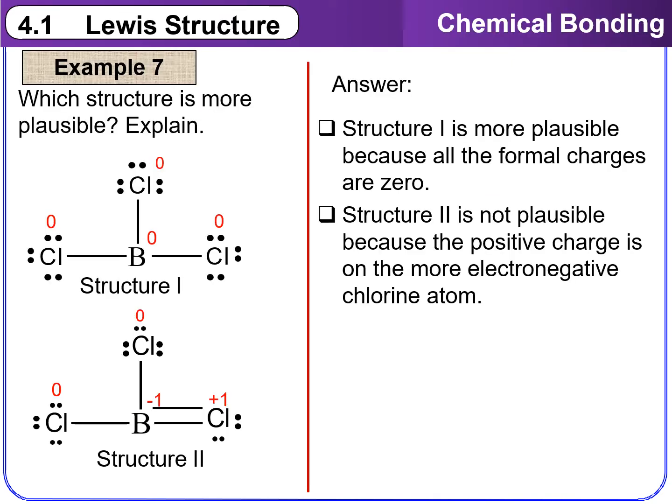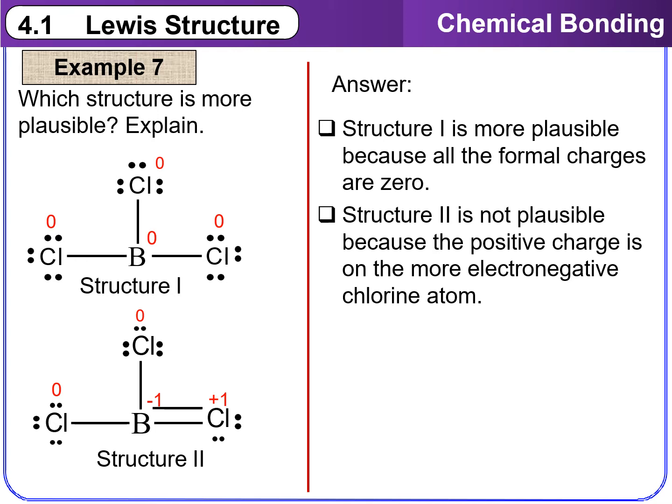Before we continue to determine the most plausible structure with positive and negative charge, let's look at one more example, which consists of a Lewis structure that is the most stable.